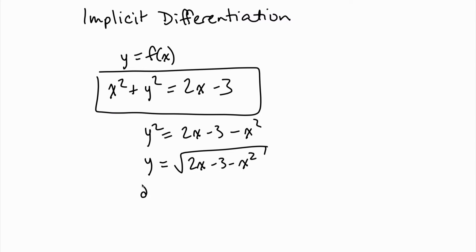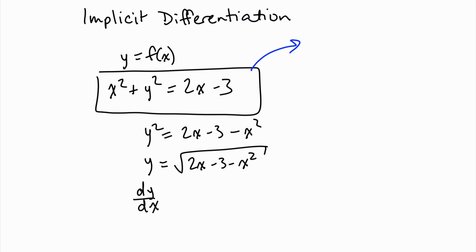And then I could find dy by dx in the usual way. Or I could just take the derivative of everything without rearranging. And that's called implicit differentiation. So over here, I'll do implicit differentiation on this one.